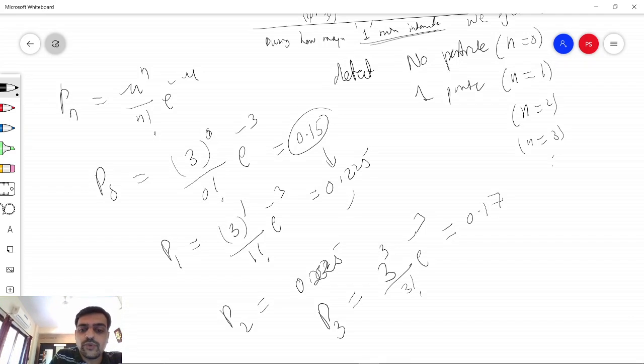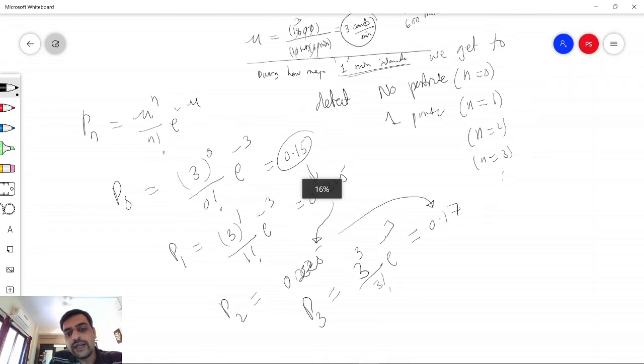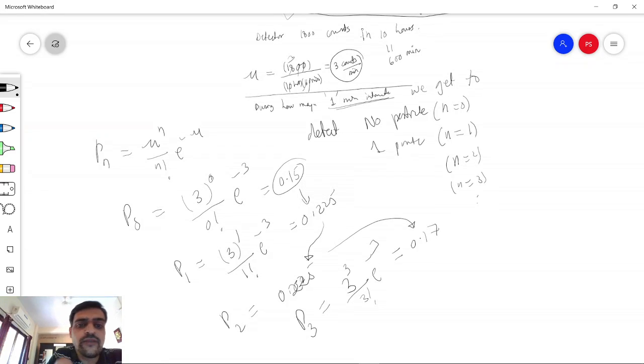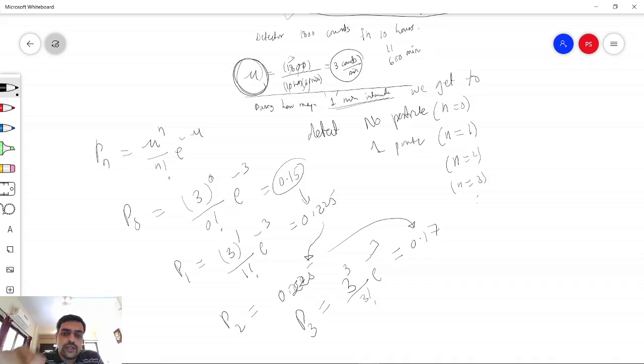Now we note that the probability was maximum here, then it again dropped. What is happening? This is a distribution and the mean value is determined in such a way that the mean value always corresponds to the maximum probability. Of course, there is a slight correction.